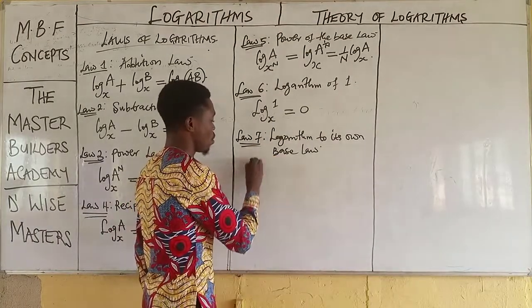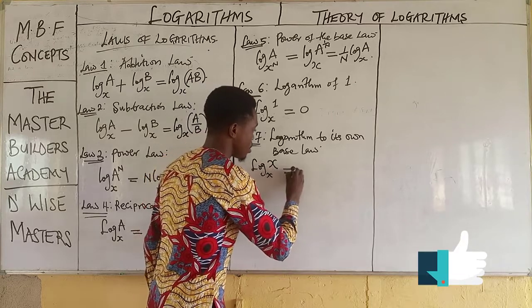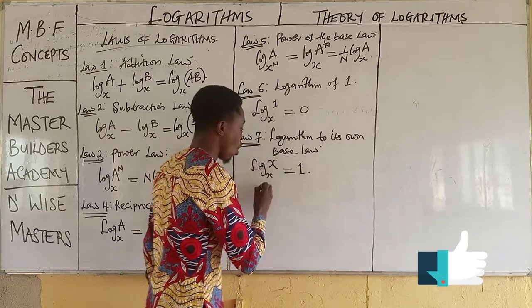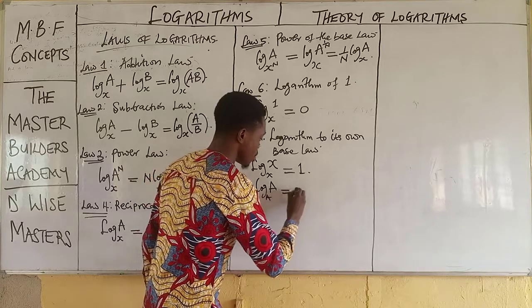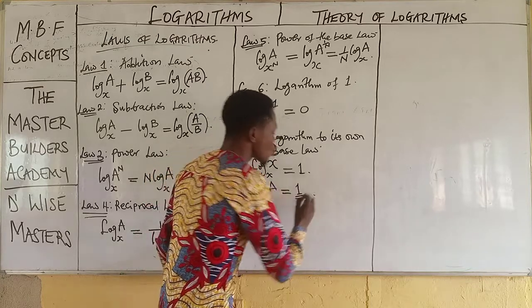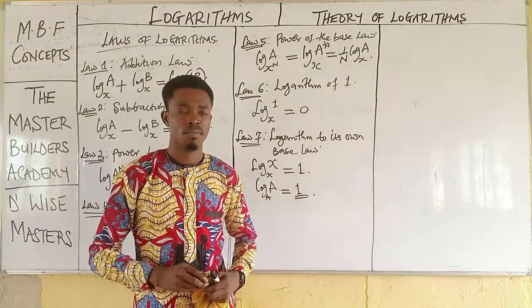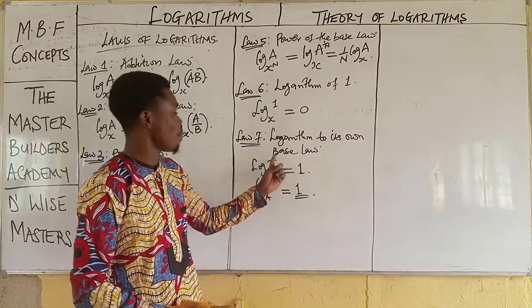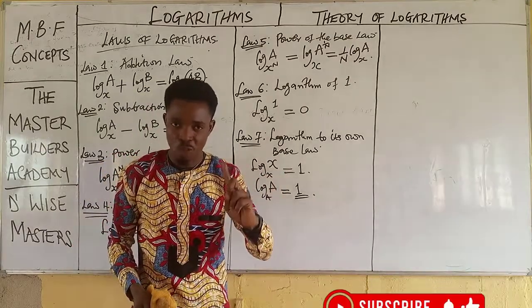Take for instance, if I have log x base x, this is equal to 1. Or log a base a is equal to 1. So the log of the same base is 1. Anytime the log of a number equals its base, the outcome is 1.